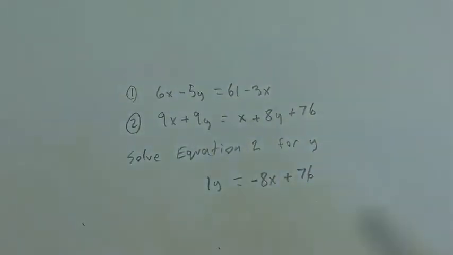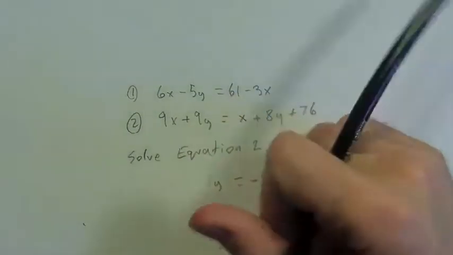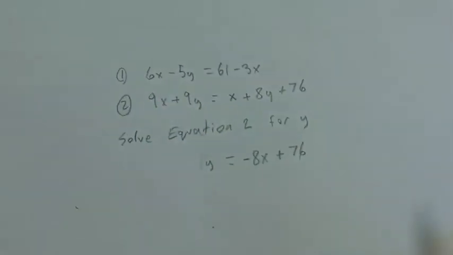So we have now solved equation 2 for y. And we didn't have to divide by anything, so I actually try to avoid dividing by stuff if I can. Sometimes you can't, but in this case, thankfully we could.